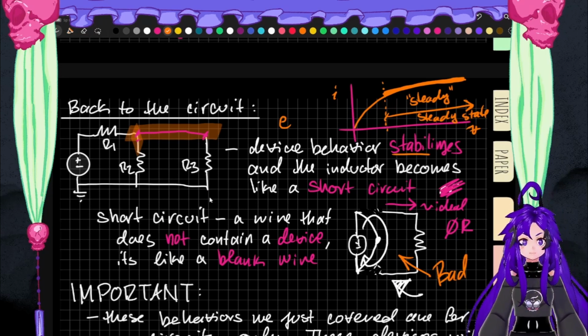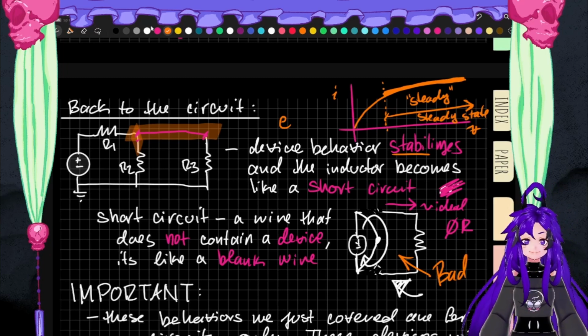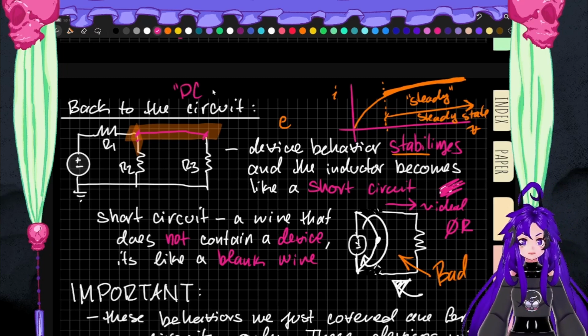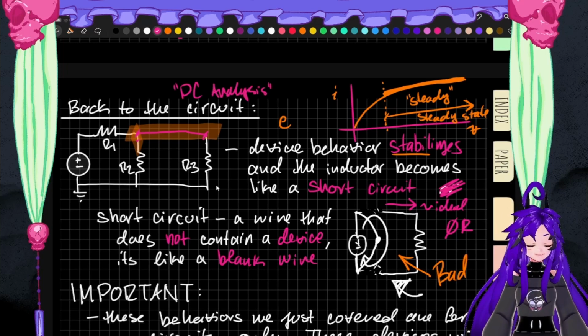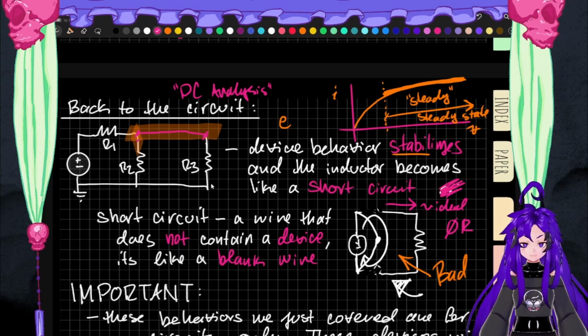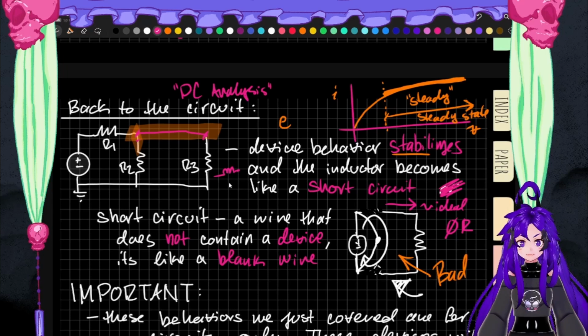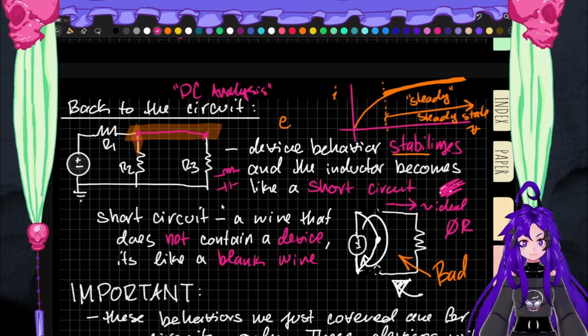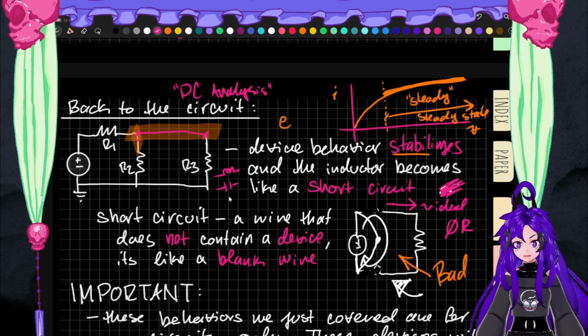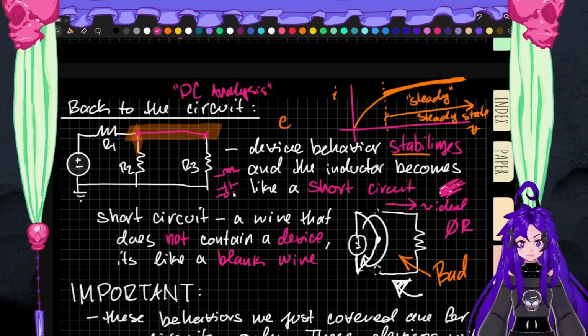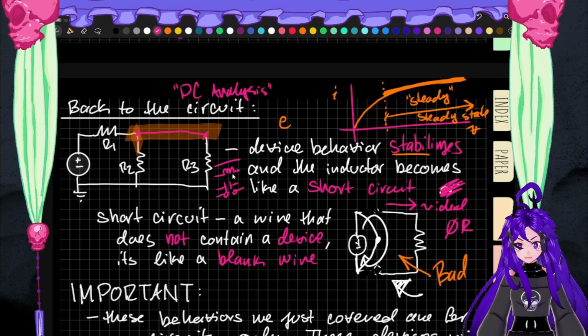So in very complicated circuits, doing the DC analysis, which is to say, if everything was DC in this circuit, what would happen? The combination of inductors and capacitors may simplify things, because we know that this one's an open circuit, and this one, after a long time, is a short circuit, and it might bypass some devices.